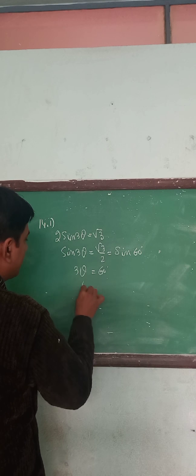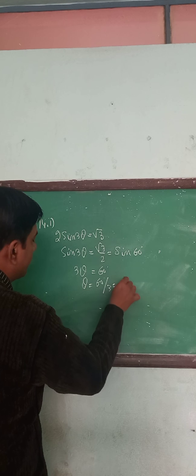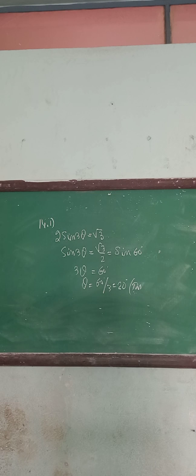Then 3 theta is equal to 60 degree. The theta value is 60 degree divided by 3, that is 20 degree. Clear to all of you? Okay.